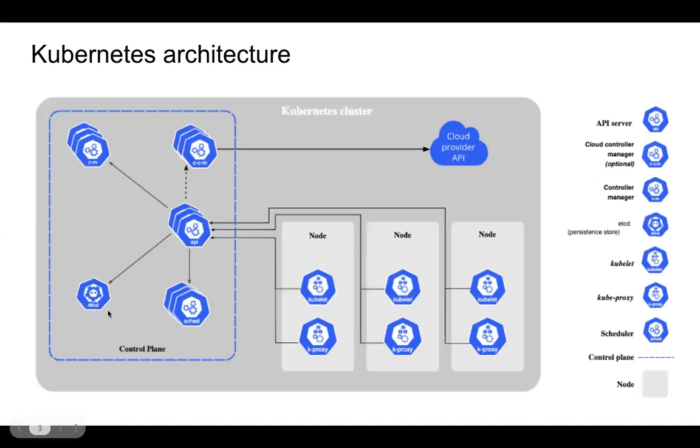As we can see here, this is the master node, this entire thing. It contains all these services running inside it: controller manager, API server, scheduler, etcd, everything is running within the master node. And these are all worker nodes.